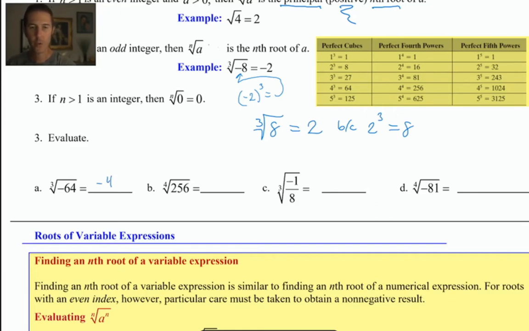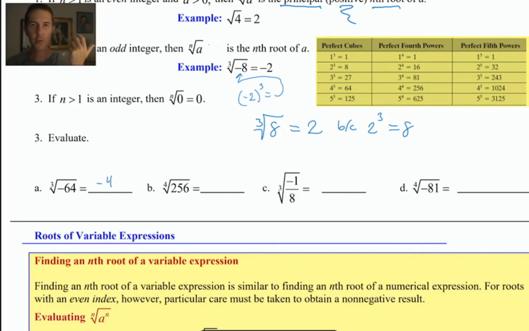The fourth root of 256. If you don't know what the answer to this question is, and if you don't, that's okay, but you need a technique for figuring it out. And if that's using a basic 4-function calculator and trying 1 times 1 times 1 times 1, and you get 1, and that's not 256, then skip forward to 2. 2 times 2 times 2 times 2, well, that's only going to give you 16.